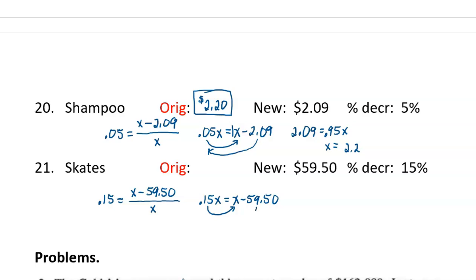Subtract that and add that. So we have 59.50 is equal to 0.85x. And now divide by 0.85. The answer on a calculator is 70, or $70.